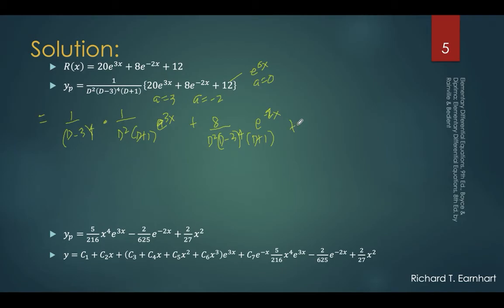And then the last one, we have 12. By the way, your a here is 0, so D squared will make the denominator equal to 0. So we separate that from the other factors. So the constant 12.